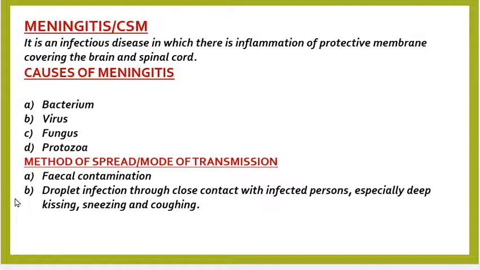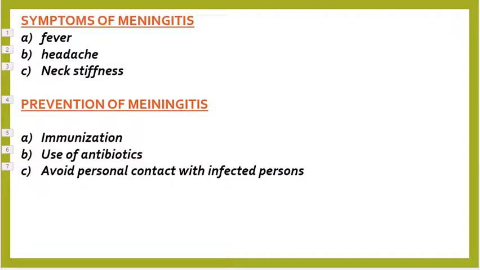All right, my dear learners, let us now look at the symptoms when one has meningitis. What are some of the symptoms? A, fever. We're likely to get fever. B, we're likely to get headache.